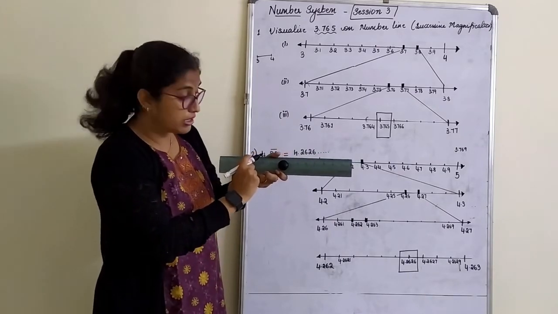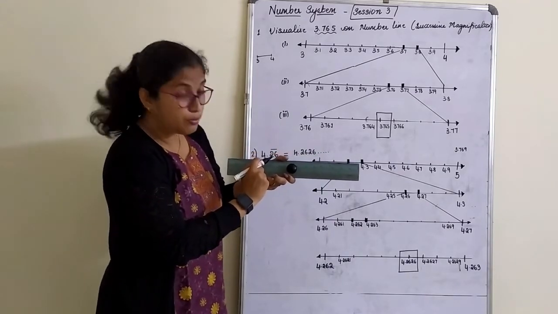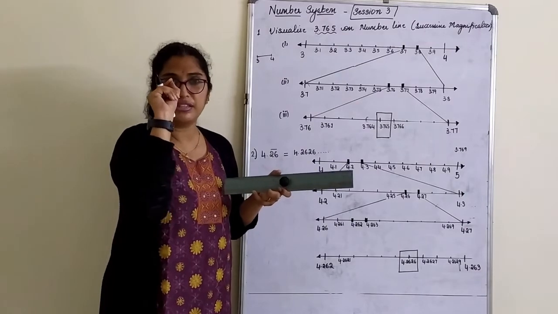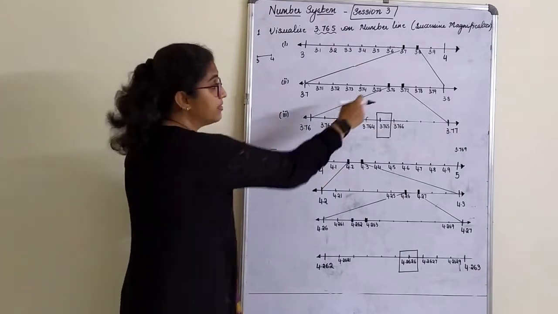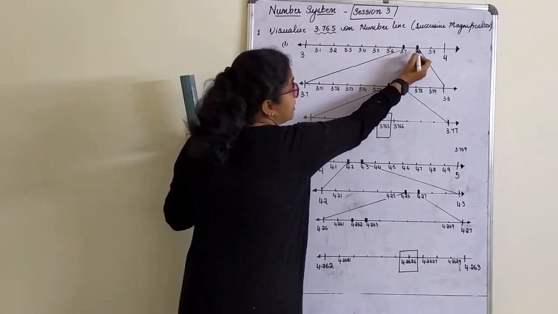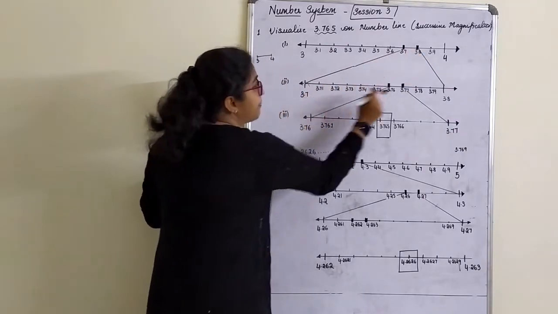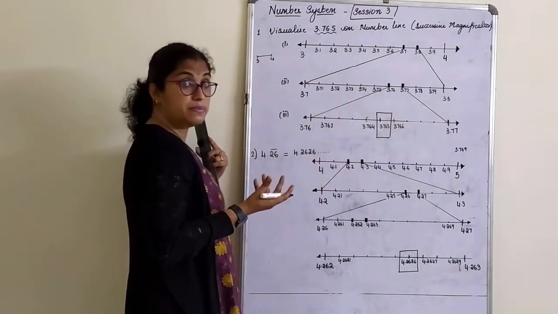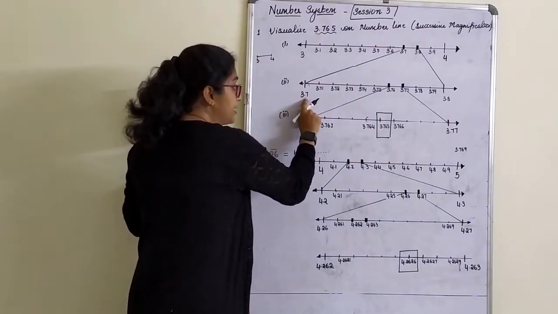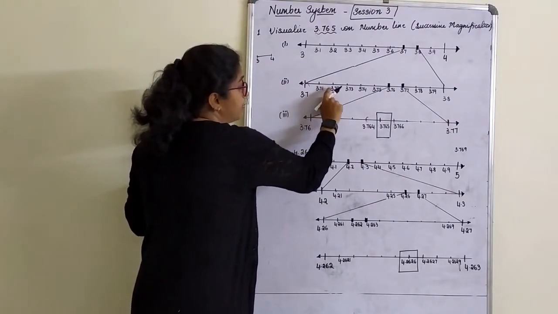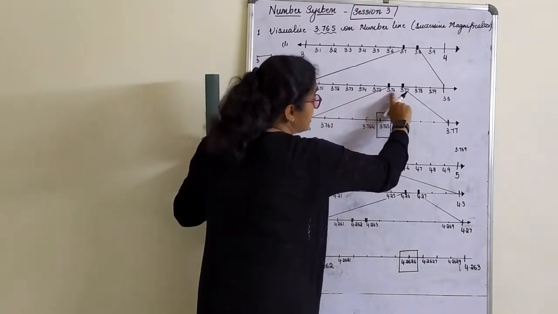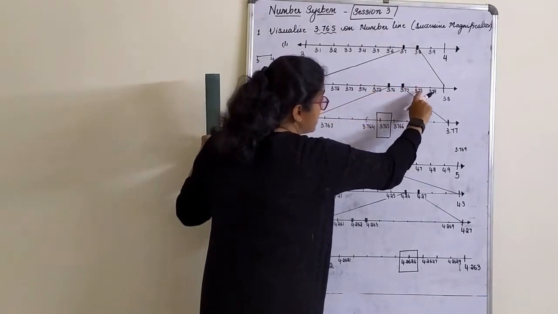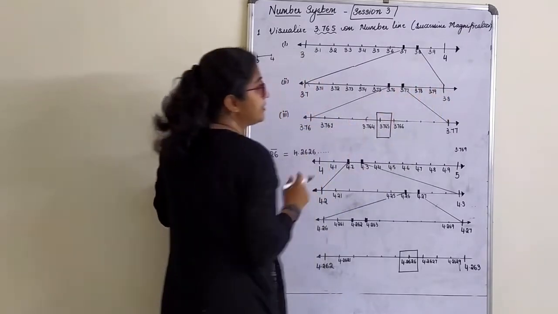In your scale, 3.7 and 3.8 hardly have a point difference, correct? That point difference I have to magnify. That is what I have done. 3.7 and 3.8 I have magnified. What are the numbers between them? Between 3.7 and 3.8 I have 3.71, 3.72, 3.73, 3.74, 3.75, 3.76, 3.77, 3.78, 3.79, 3.8.